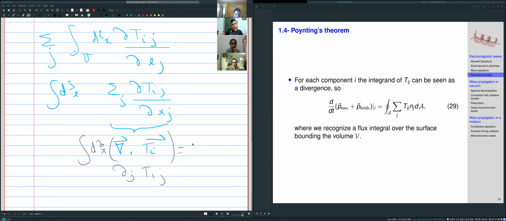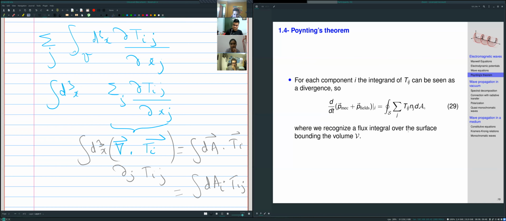That would then be the integral of T dot n, and in this other notation, the integral of dA_j times T_ij, with the sum convention. This is exactly what we have in equation 29, where this little n would be the unit vector normal to the surface area element.